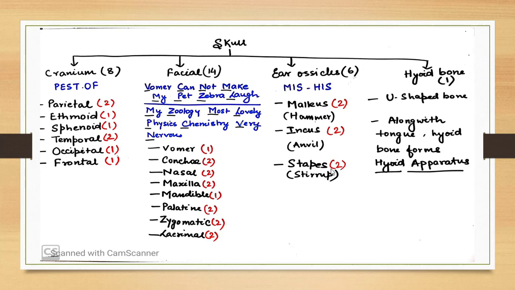Stapes is again 2 in number, 1 in either of the ears, and it looks like a stirrup. Stirrup is a structure which you use to climb on the back of the horse. And then there is 1 hyoid bone. It is a U-shaped bone, and along with the tongue, hyoid bone forms the hyoid apparatus.